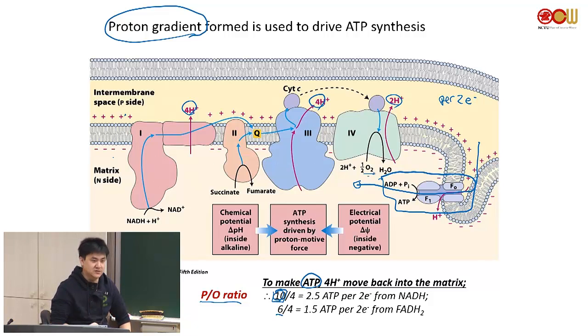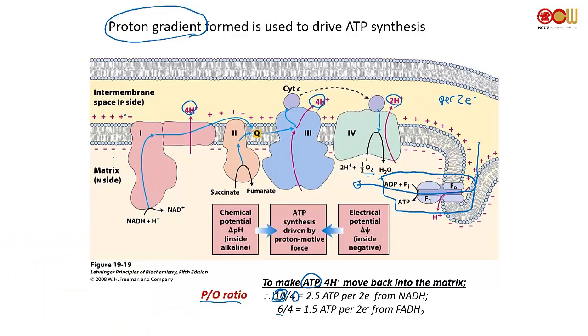To generate 1 ATP, you need 4 protons. But for NADH, you can generate 10 protons, so if you divide that, you get 2.5 ATP from NADH, 1.5 ATP from FADH2. This number you have to memorize.